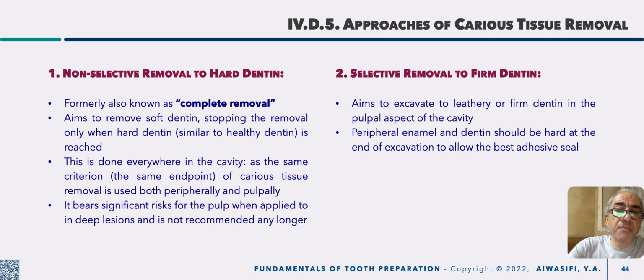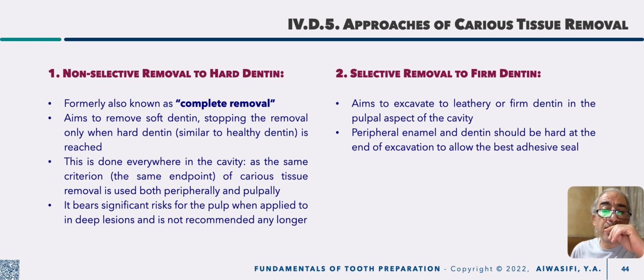You didn't discriminate if it is infected or affected dentine. You should remove all of it until you reach hard dentine. This concept was called complete removal. It is controversial and did not follow the guidelines. It doesn't conserve the tooth structure, it doesn't save the pulp, and it doesn't leave the repairable tissues able to repair.